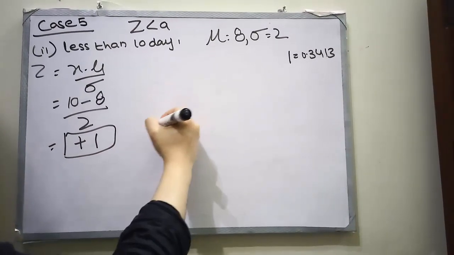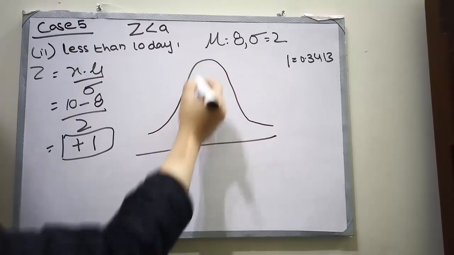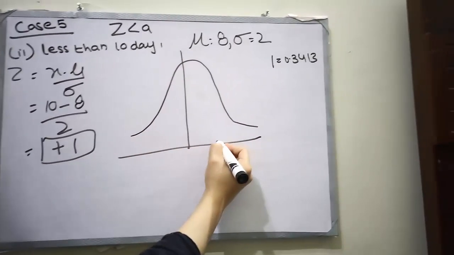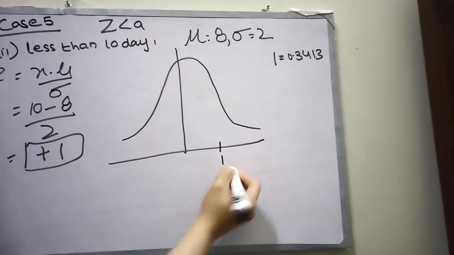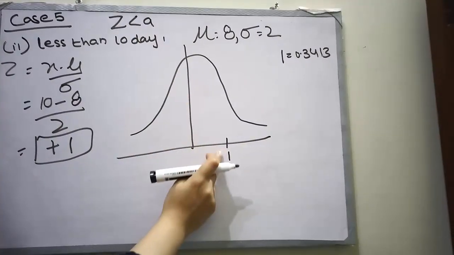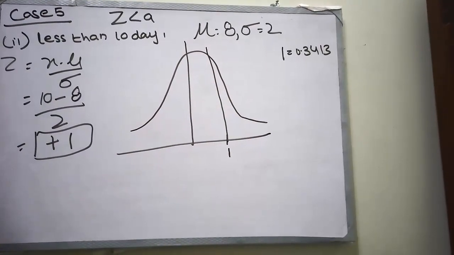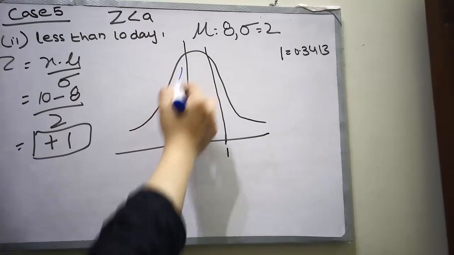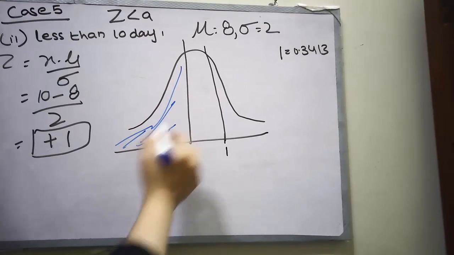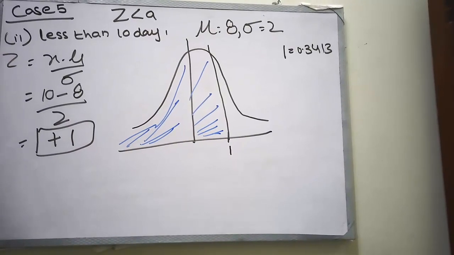So in the probability bell curve, plus 1, this is 1. We have to find the value of a less than this a, which means we have to find this whole area and this area. So how are we going to do this?